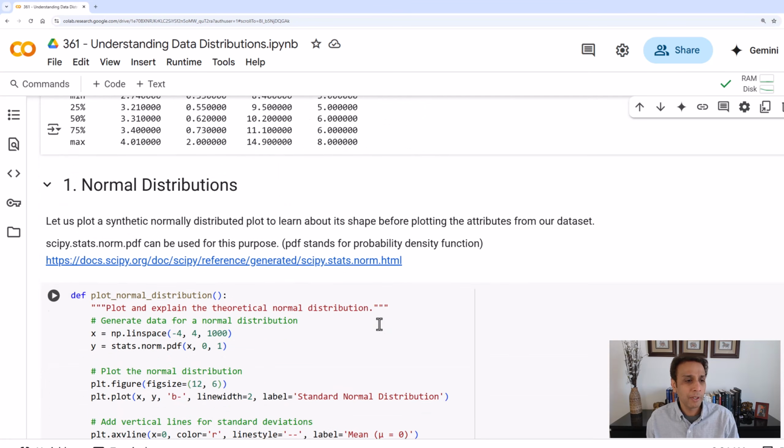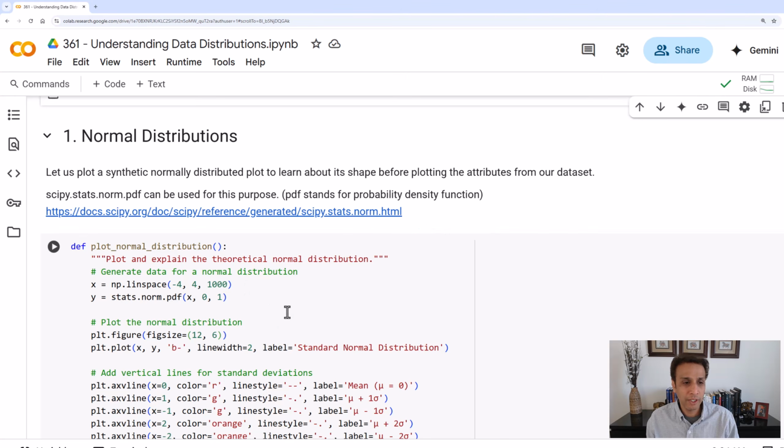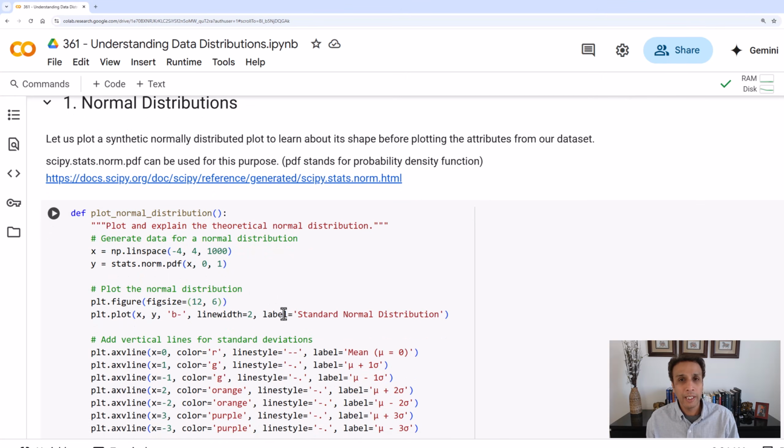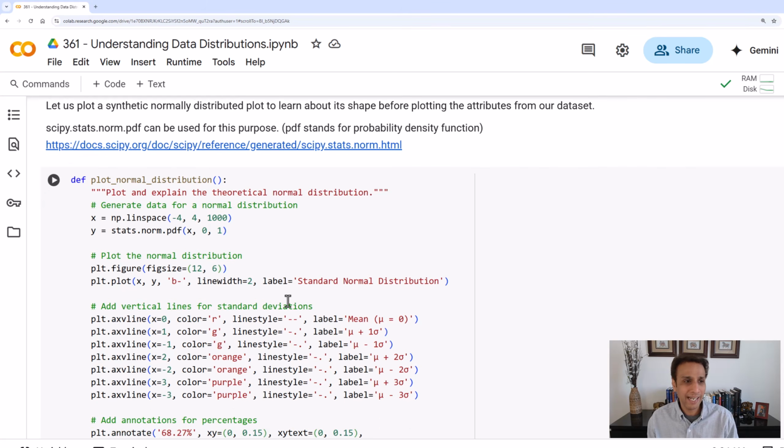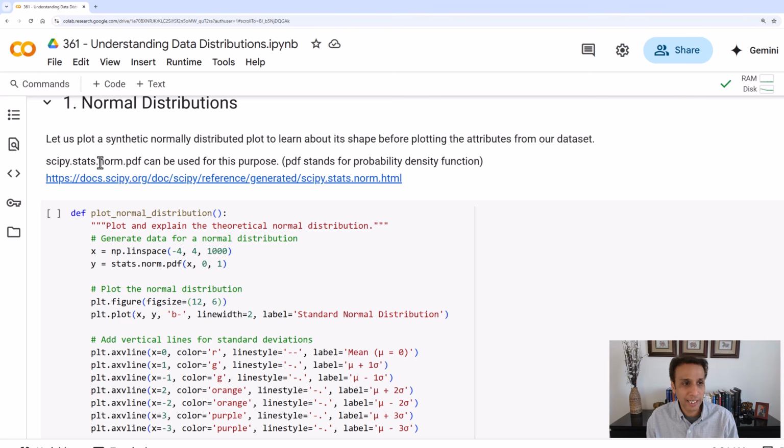Now, to understand normal distribution, the first part here is I'm just plotting a theoretical normal distribution so you can have a look at how it looks. And for that, we can use scipy.stats norm.pdf. Whenever you see PDF, you often see these in these exercises. That basically stands for probability density function.